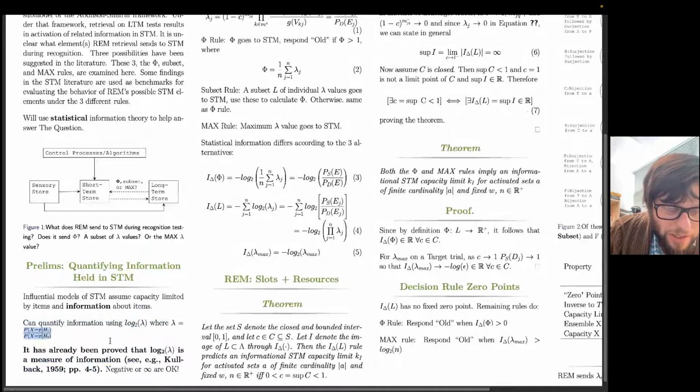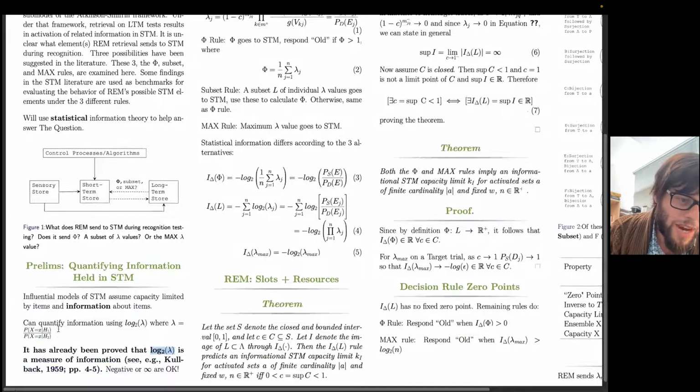Everybody should know what a likelihood ratio is. REM uses exactly this formulation, just different labels, and they define it through the model parameters, but it's still a likelihood ratio. And Kullback showed that a log likelihood ratio, actually log of posteriors, is a measure of information.